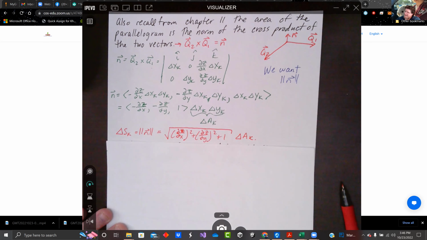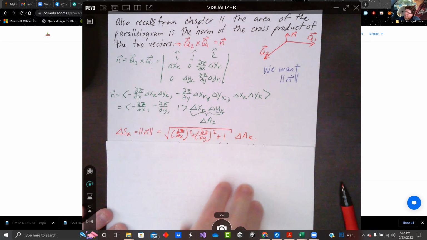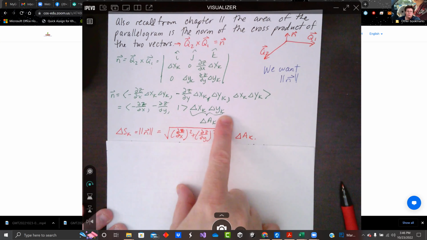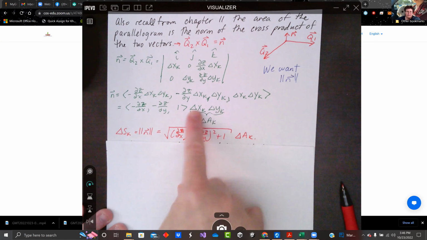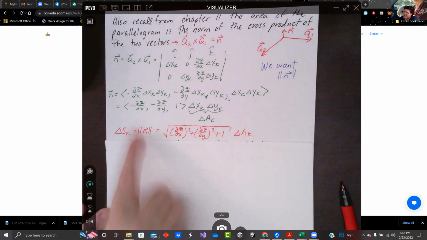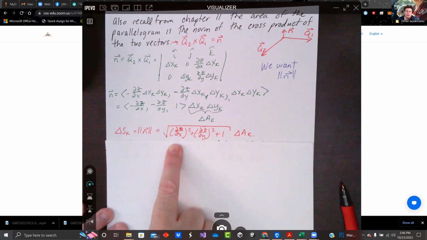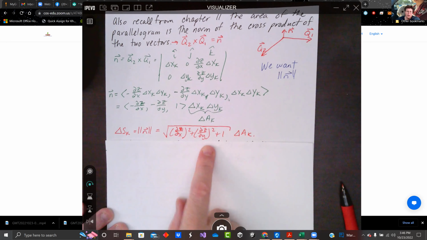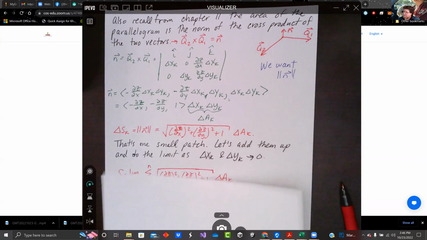If we take the norm of that vector, as delta x and delta y go to 0, these become part of the integral. The norm is the square root of dz dx squared plus dz dy squared plus 1. So that will be our integral.